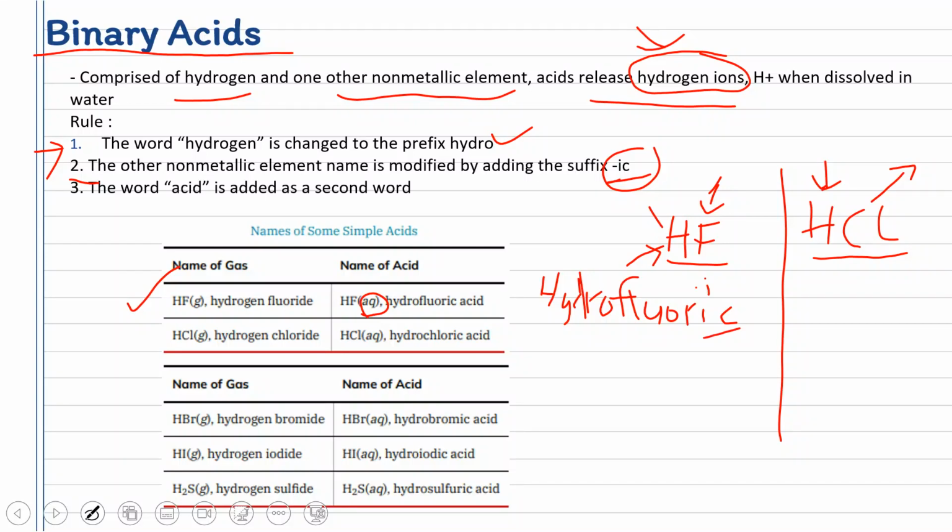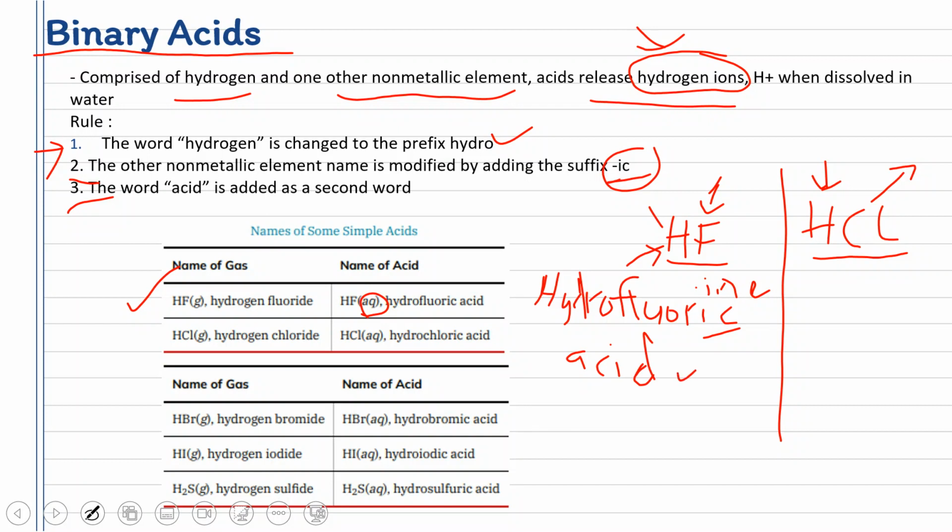Instead of INE, I'm going to have IC. So hydrofluoric. Then the last rule says that you just add the word acid. So I add the word acid. Just like that, I have hydrofluoric acid.